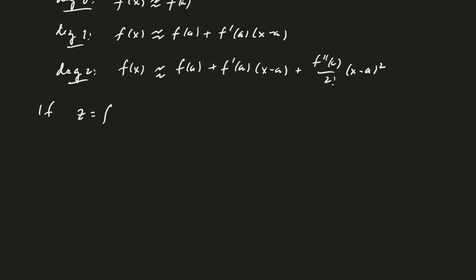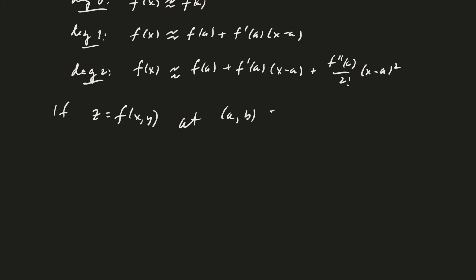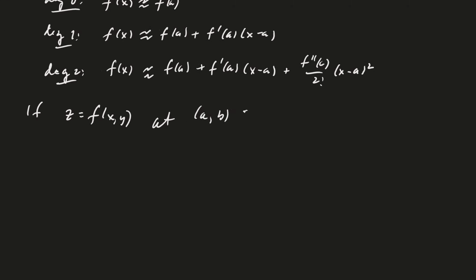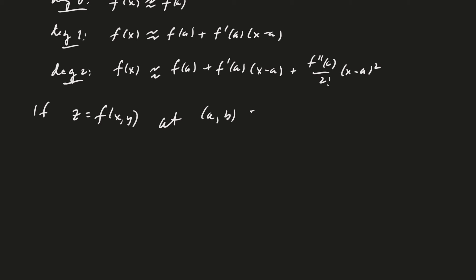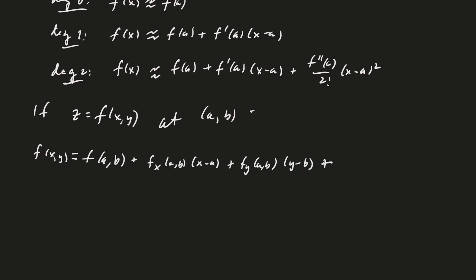And similarly, if z is equal to f of x, y, so if we increase the dimension a bit, and we're analyzing it at a point a, b, then, let me write this down. I thought I'd get a head start and write down a few terms.